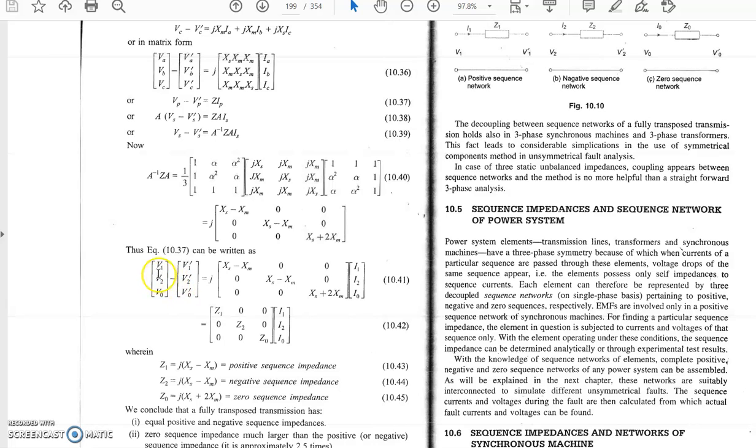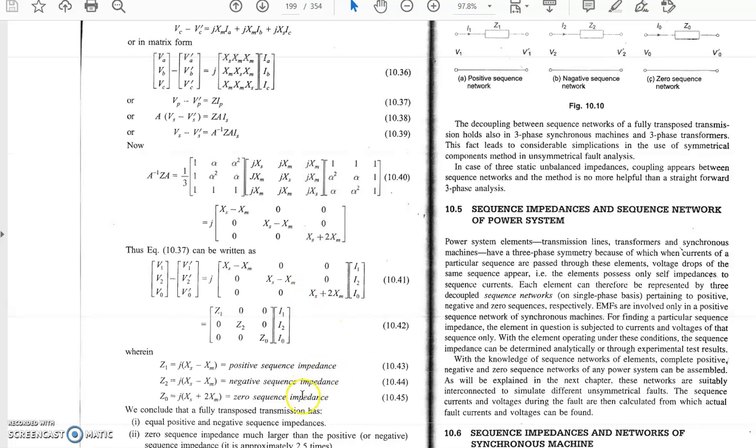So we can simply write V1 minus V1 dash equals Z1 into I1, V2 minus V2 dash equals Z2 into I2, and V0 minus V0 dash equals Z0 into I0. The values Z1, Z2, Z0 are named the positive sequence, negative sequence, and zero sequence impedance.